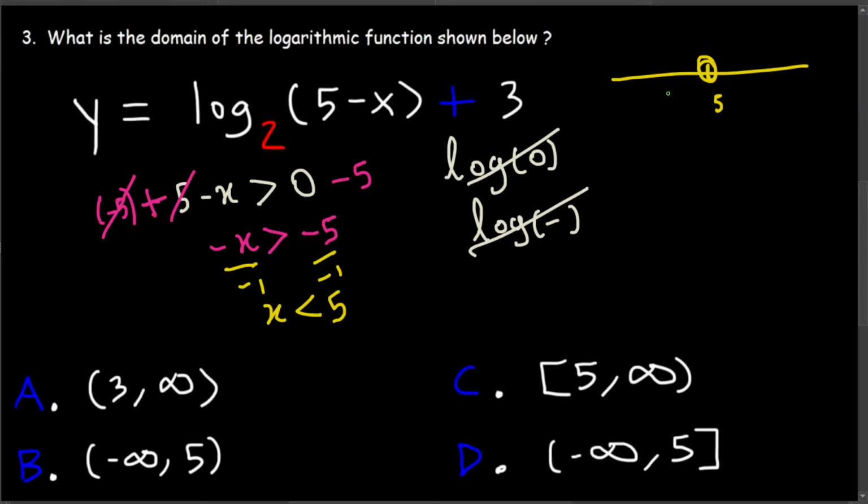And x has all the values less than 5, like 4, all the values except 5 itself. So for the domain, the lowest x value goes to negative infinity, and it goes up to 5, but 5 is not included. Therefore we put a round bracket right here: negative infinity to 5. So the right answer here is B.